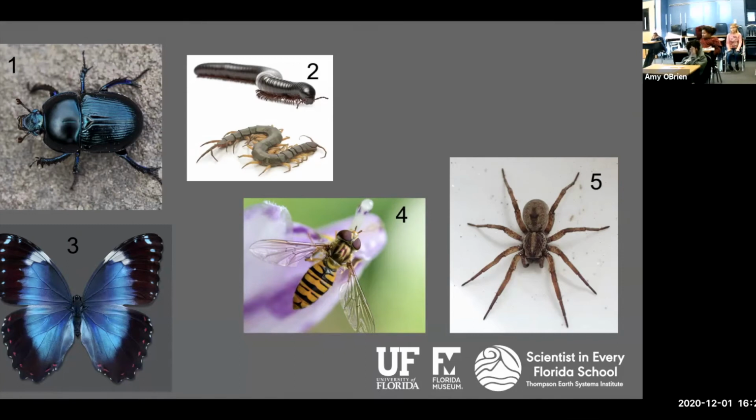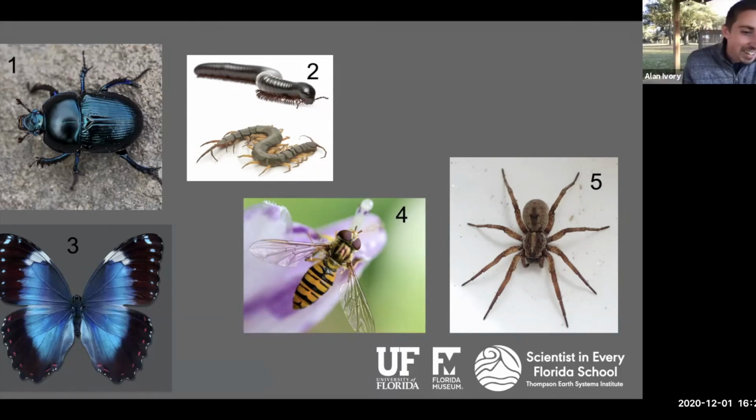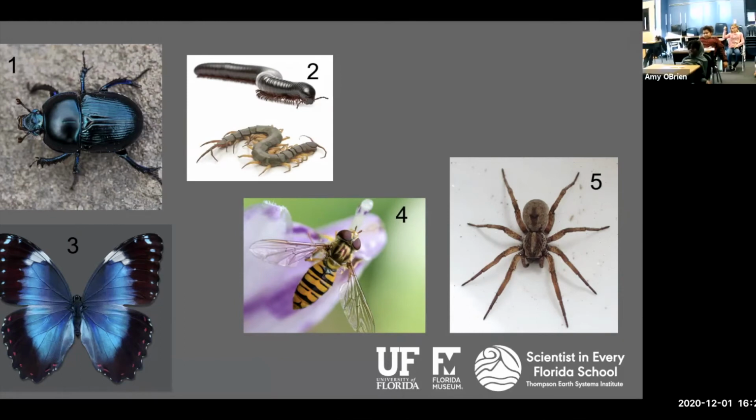What do you guys think about 3? It's a butterfly. How many legs does it have? Can you see them? I don't know if you can see his legs. One at a time. You guys got to raise your hand. Jasmine, go ahead.